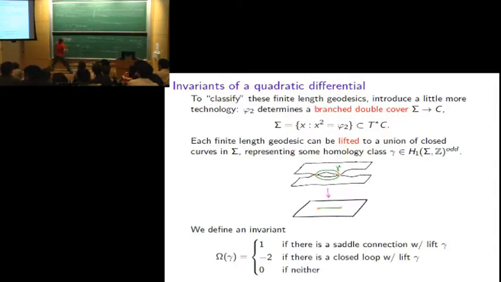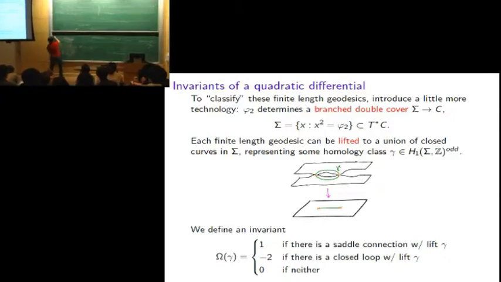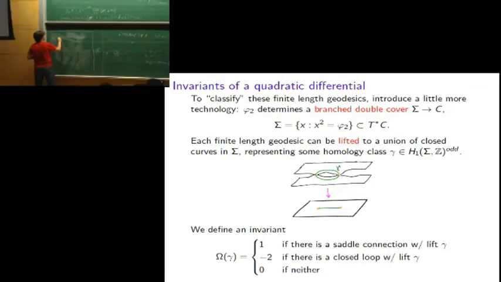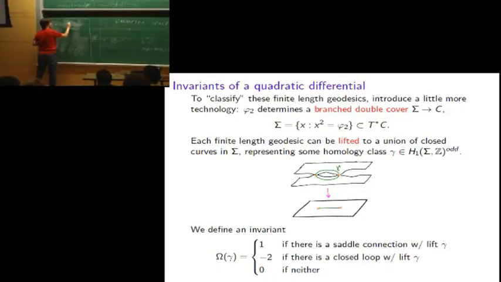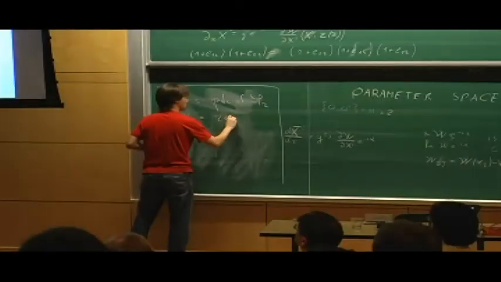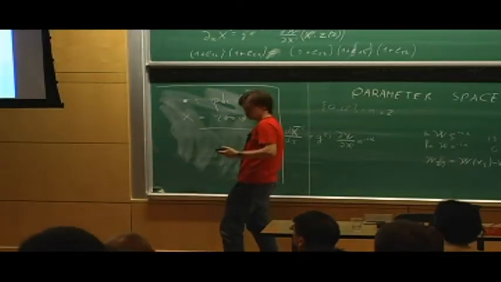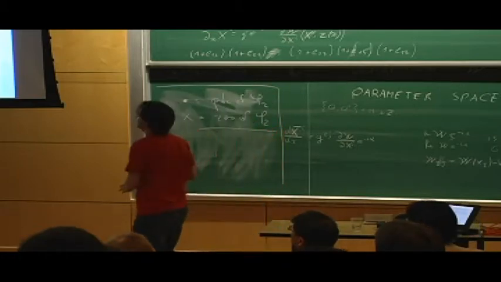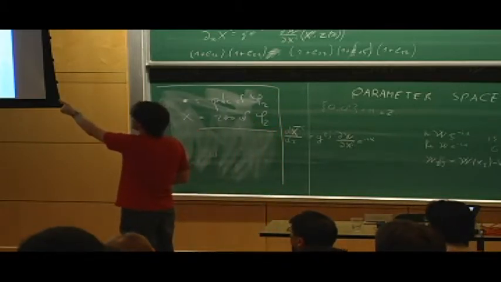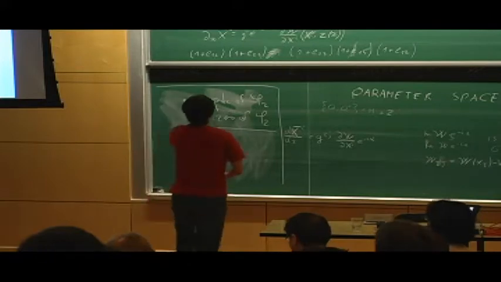Now and forever, the dot means a pole of phi 2, and the cross means a zero of phi 2. It is the notation I use. These are the zeros of phi 2, the cross.